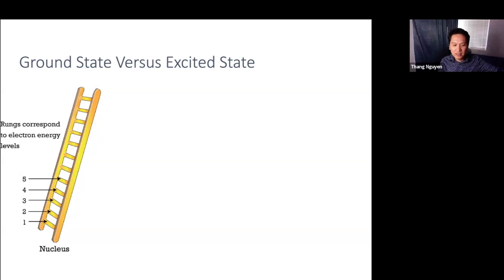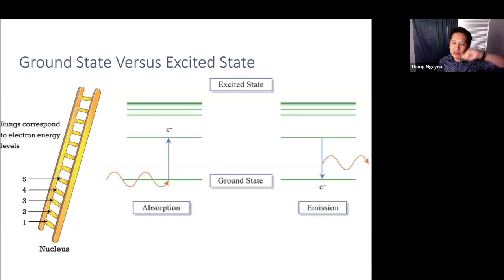Now, when these atoms receive some kind of energy, whether that be an electrical current or you burn something, so there's energy from a heat source, it will make these electrons jump into another quantized level, right? When you jump into that level, you call that the excited state, right? So you absorb some energy, you jump into another state.